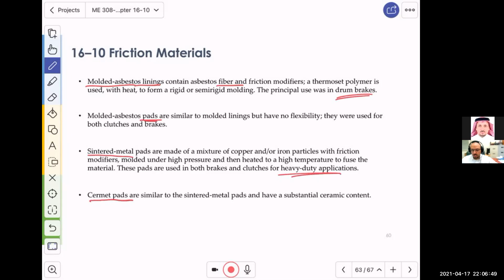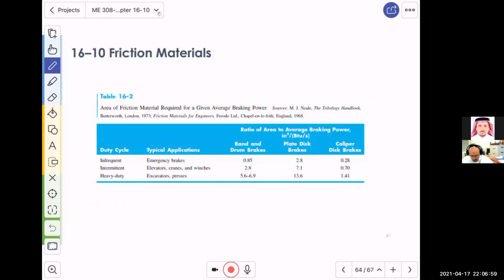Description and information about the types of braking material and how they are made, the manufacturers, and what they are used for. Here we have some tables that, for example, describe the area of a frictional material required for a given average braking power. So you have here duty cycle. Is it infrequent or heavy duty or intermediate? You have an emergency brake, elevator, crane, and winches.